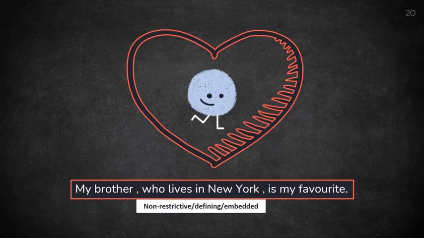If it is not embedded, usually we will write it using a comma to separate both of them. The embedded one doesn't have any commas between it and the main clause because the message is important to share. So yeah, anyway, that is that.